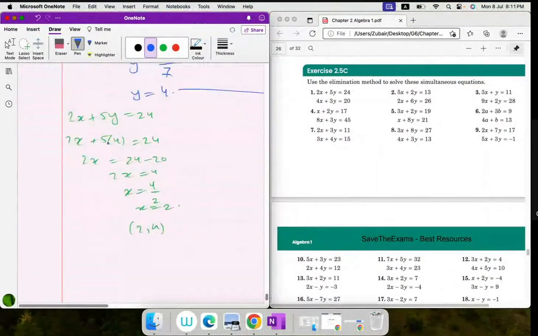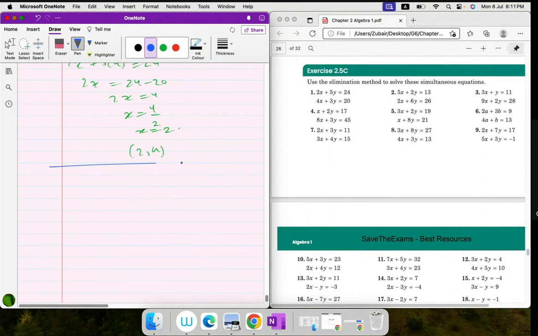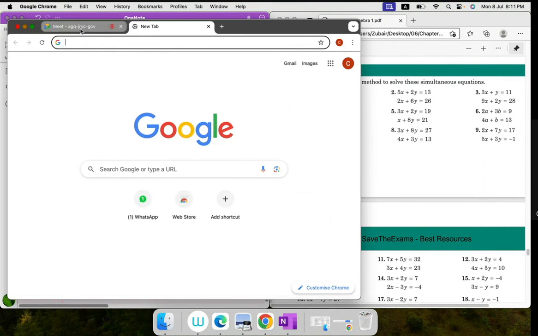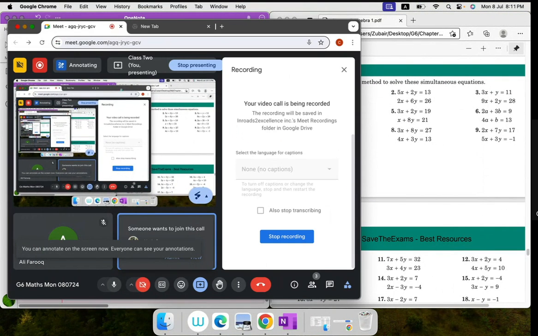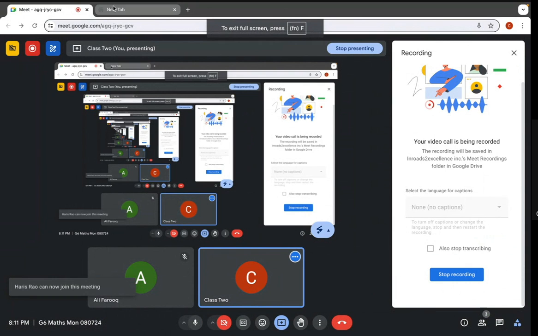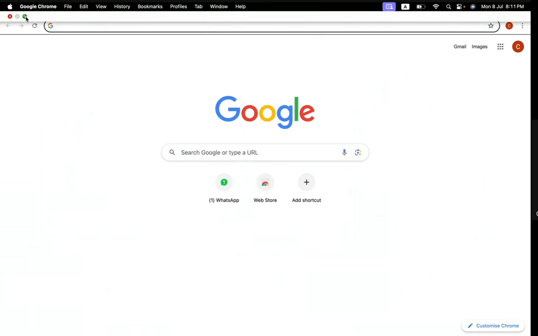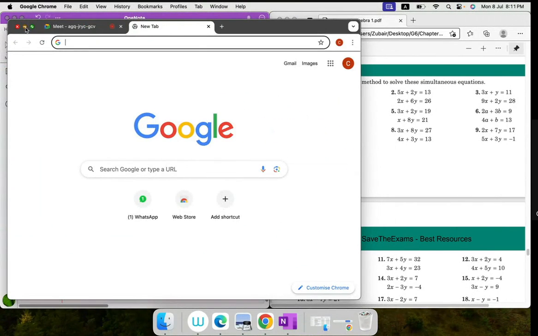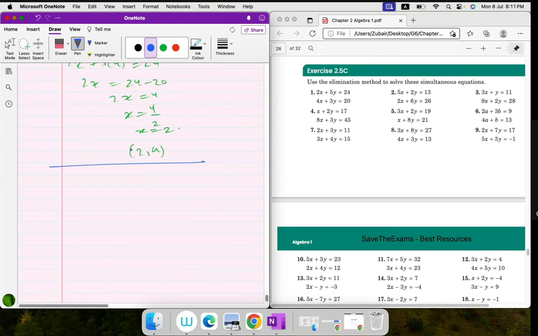Now there was one more option. Obviously, this first choice was the easiest one. This is 2x plus 5y is equal to 24 and 4x plus 3y is equal to 20.